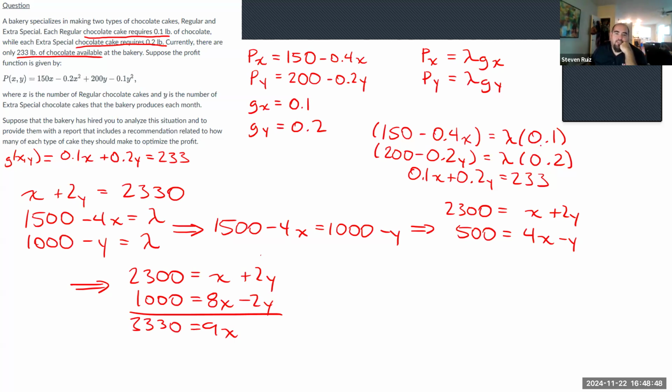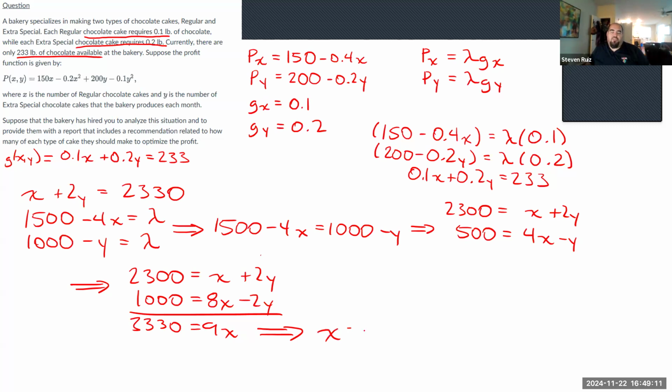So just to kind of recap, we had 3 equations, 3 unknowns, whittled it down to 2 equations, 2 unknowns. Now we have 1 equation, 1 unknown. If we divide through there, what is 3,330 divided by 9? That is 370.